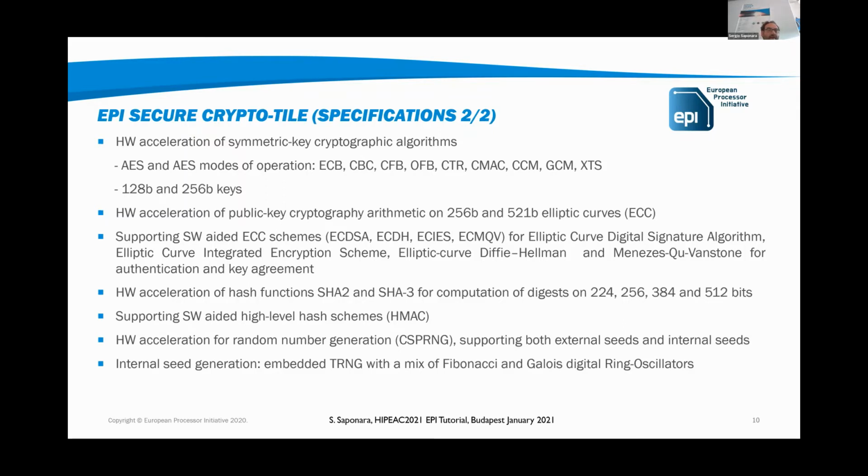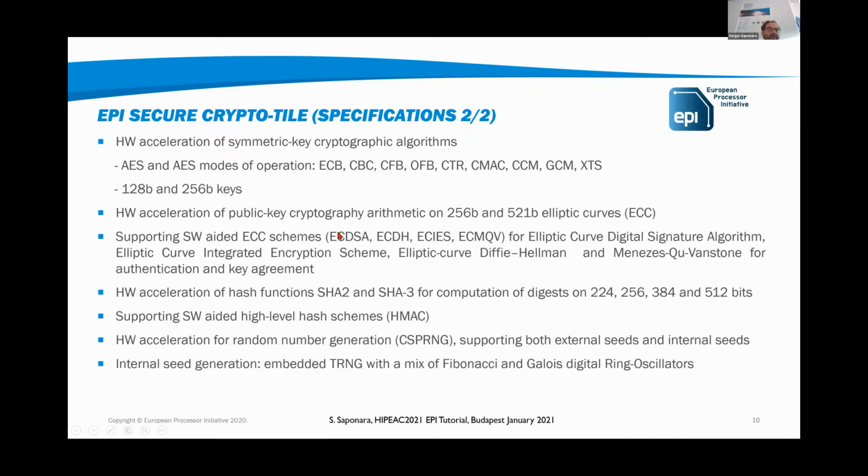Also, for example, for hashing, we support the SHA-2 and SHA-3 versions that are the newest ones, and we also extended with respect to the classical solutions, which today are 256-bit. We doubled this size in order to be ready for post-quantum cryptography.